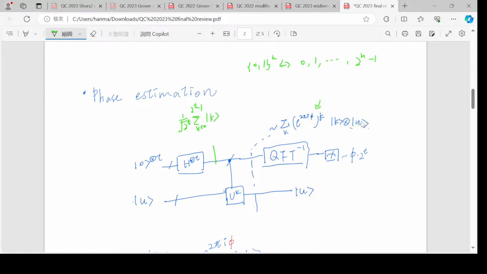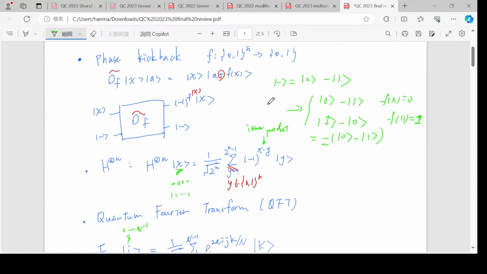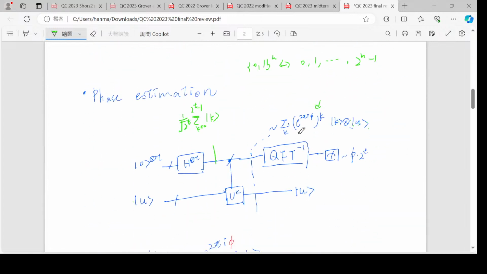So now the second register still stays in small u, just like the phase kickback before. The second register stays in small u, and the first register now gets a phase. So the first register is k with e^{2 pi i phi k}, tensor the second register, still small u.